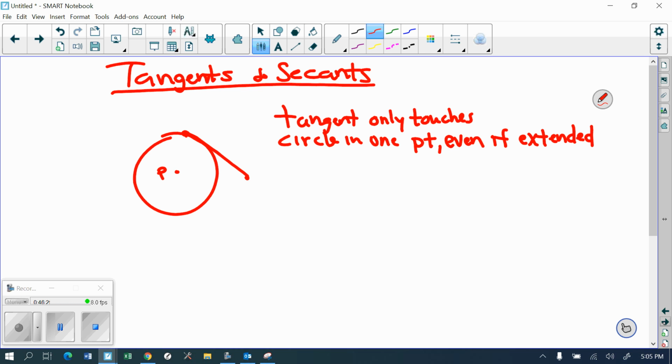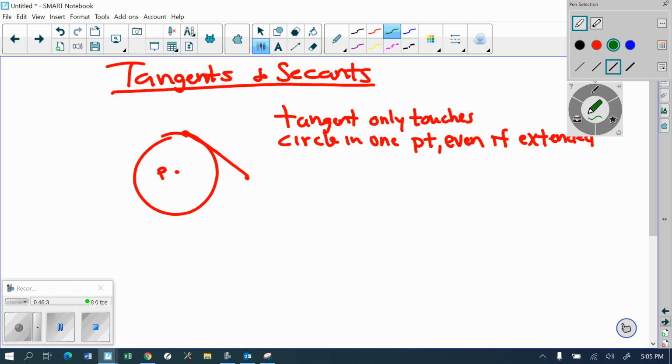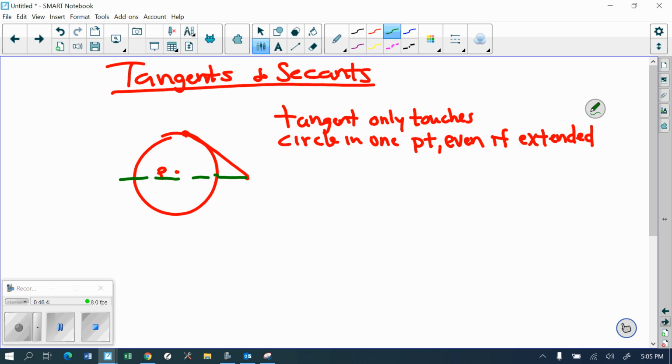So for example, that is not a tangent. Just because it touches at one point, that's not a tangent, because if I extend that, that would hit twice. And that's a secant. Secant touches circle twice.